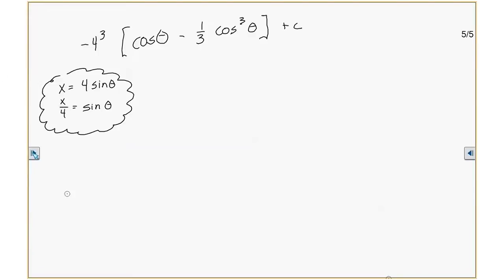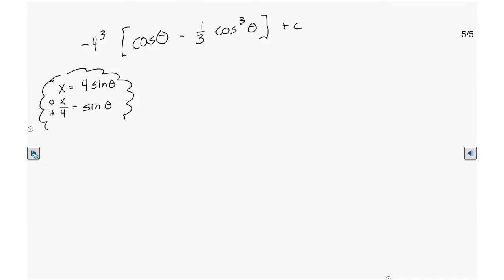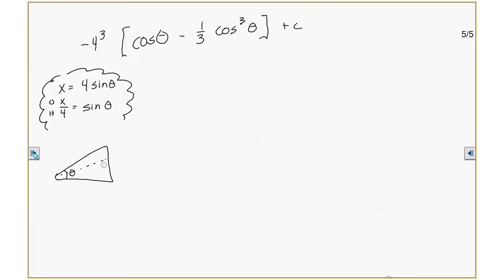Well, we know the sine is opposite over hypotenuse, right? So that's O, and that's what? So we got a handy triangle. And that means that opposite is x, and hypotenuse is what?